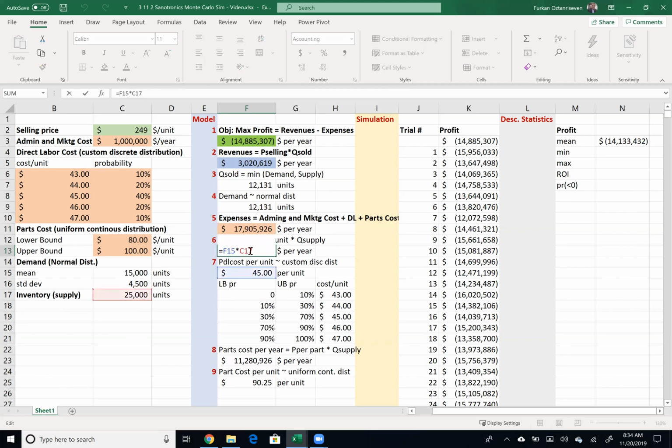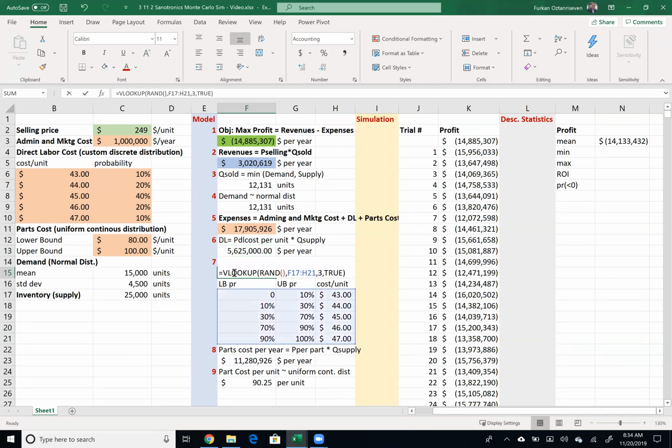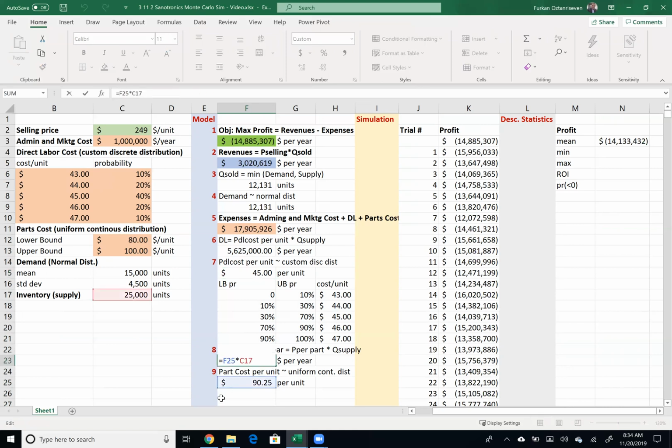Direct labor cost is going to be per unit cost times the inventory, which I spent so much money on, it looks like. And I look at the labor cost per unit based on this table, and then I calculate my parts cost, which is going to be based on a random number again. Again, I multiply it based on the quantity produced.